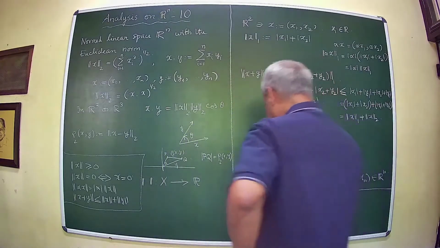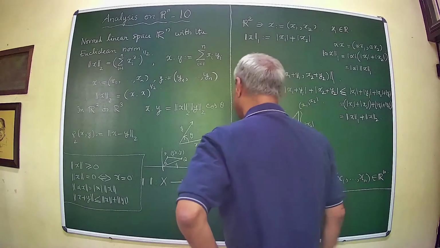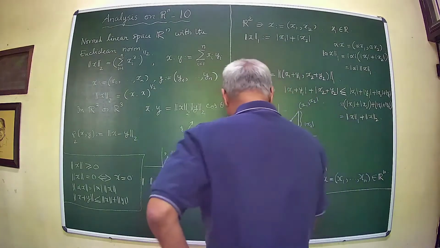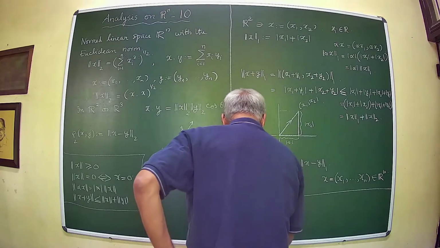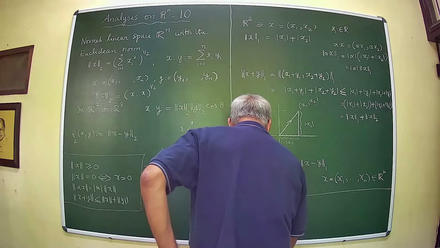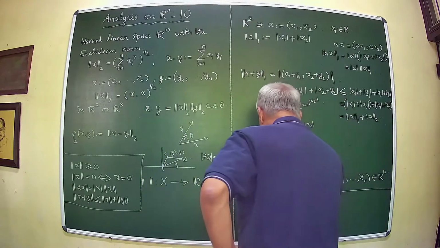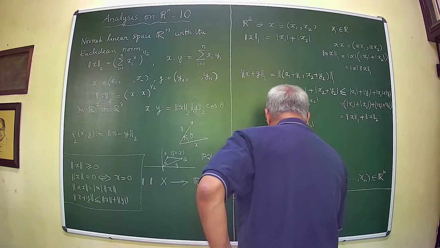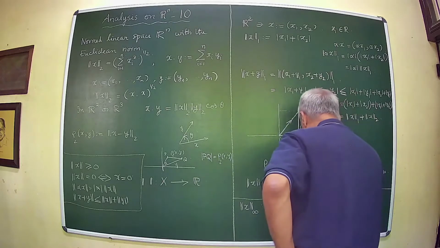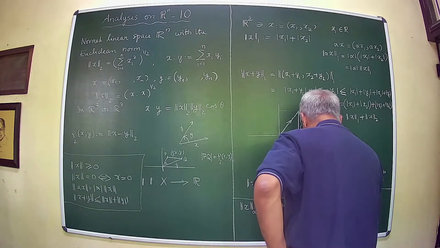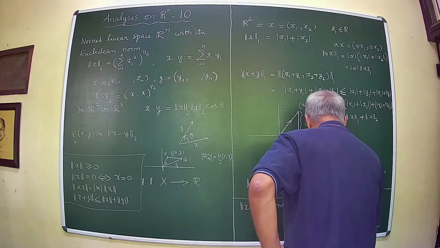Another norm that you can define on this space, as I said, this is the geometry. Let me designate it by norm infinity. This is equal to the maximum of mod x1, mod x2, and so on.